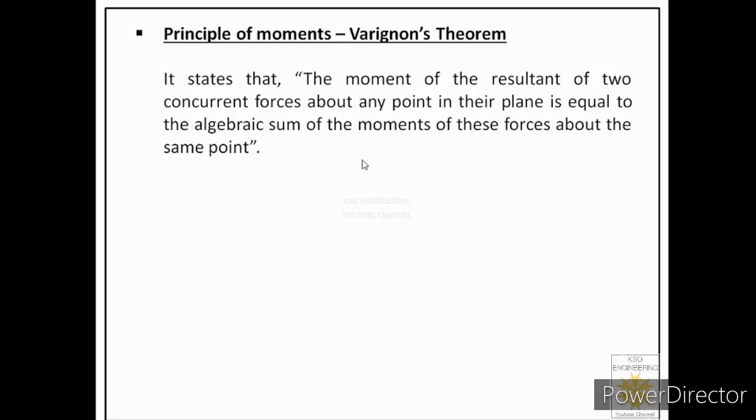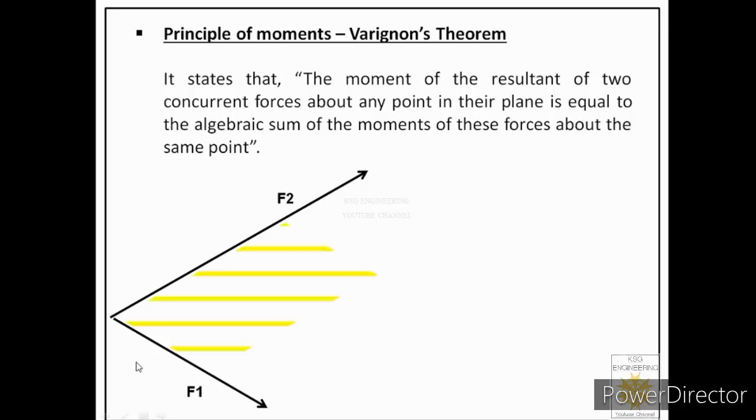Now let us understand this through an example. Over here, we are considering two forces. The magnitude of one force is F1 and the magnitude of the other force is F2. These two forces are coplanar and concurrent also, so they form a system of coplanar concurrent forces.